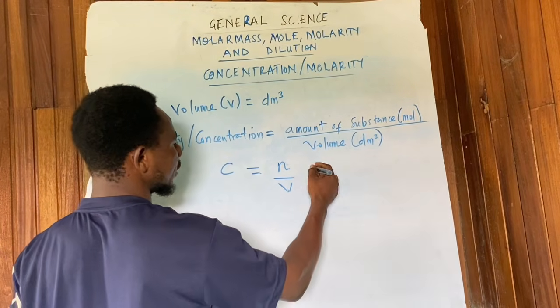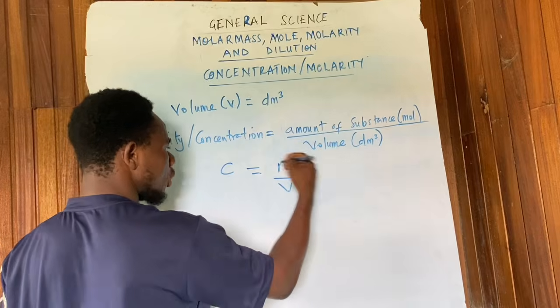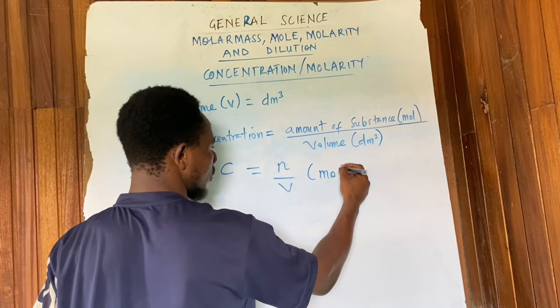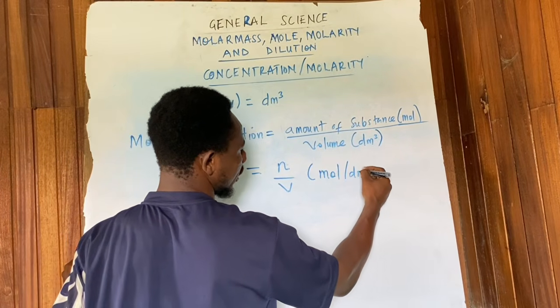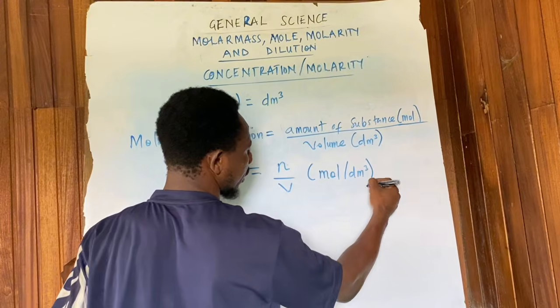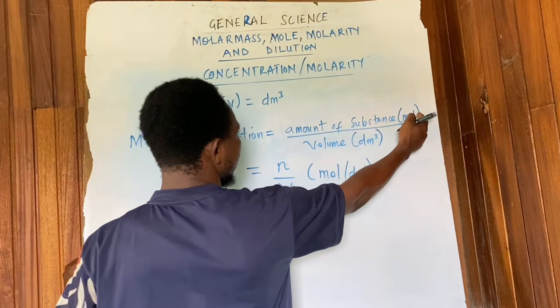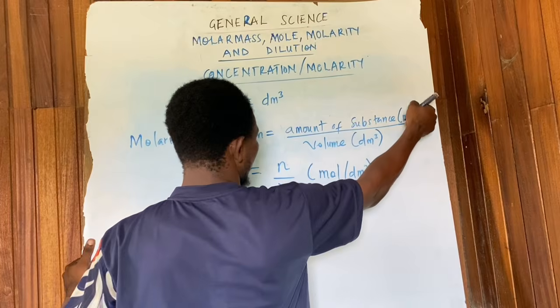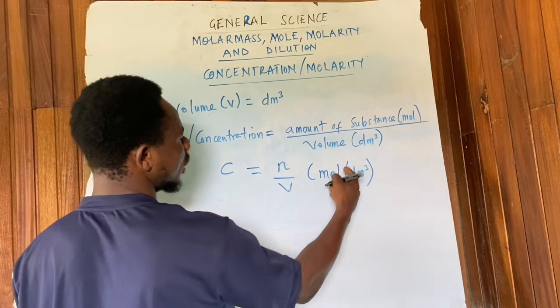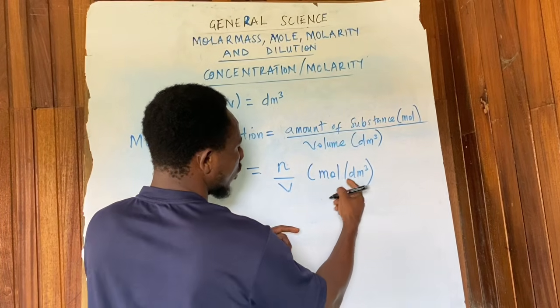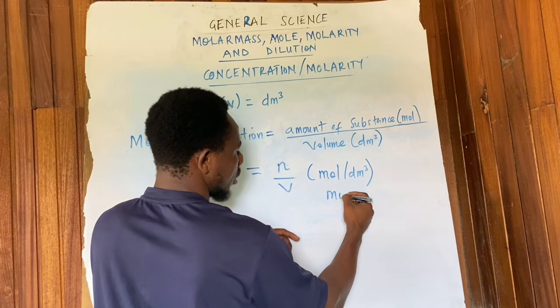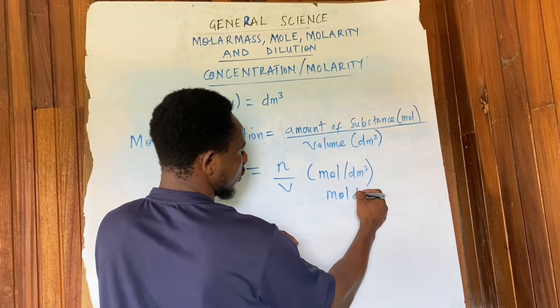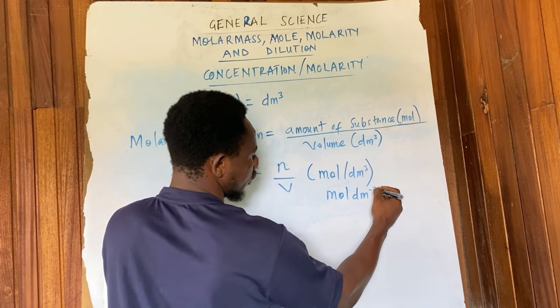We are going to get this whole unit as mole per dm cube. This means our mole is here, our dm cube, because it is dividing, it will be negative. If you don't write it as mole per dm cube, you can write it as mole dm to the power of negative 3.